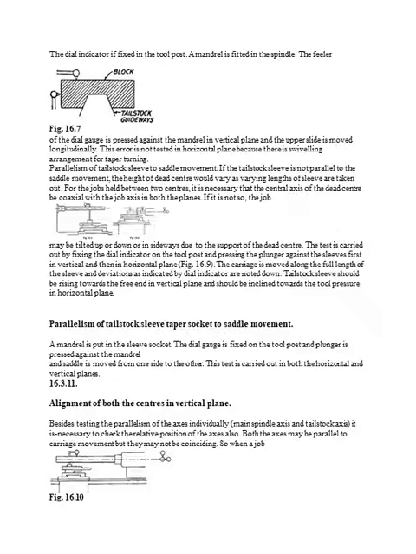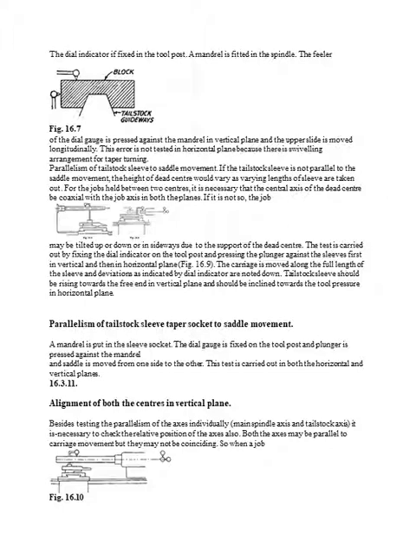Next, parallelism of the tailstock sleeve taper socket to saddle movement. The tailstock, you know, is fitted on the right side of the lathe, and it also has a socket, the tailstock sleeve taper socket. Its axis should also be parallel to the saddle, the same as we did for the headstock.